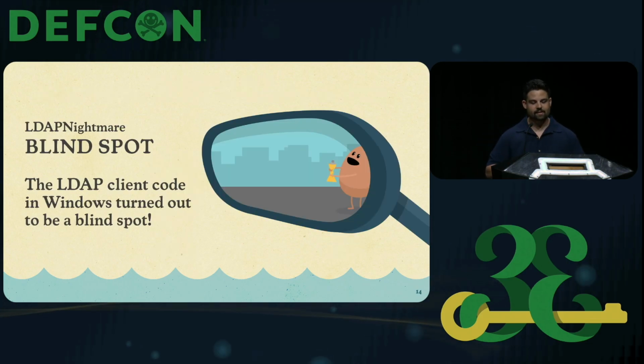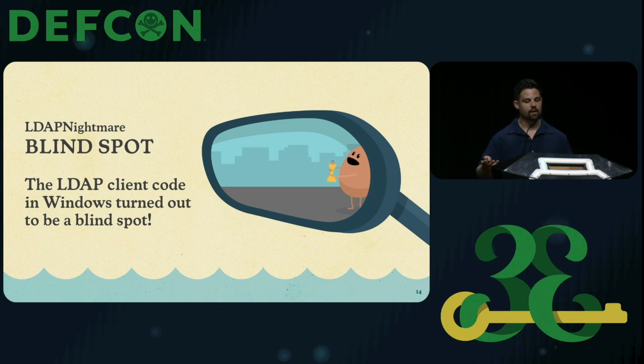That was because the CLDAP client was located in the critical LSAS process, and LSAS, if it dies, then it just reboots the entire machine. So even though domain controllers are a critical component that is heavily researched for security issues, a blind spot in it was still discovered, and that was in the LDAP client code.